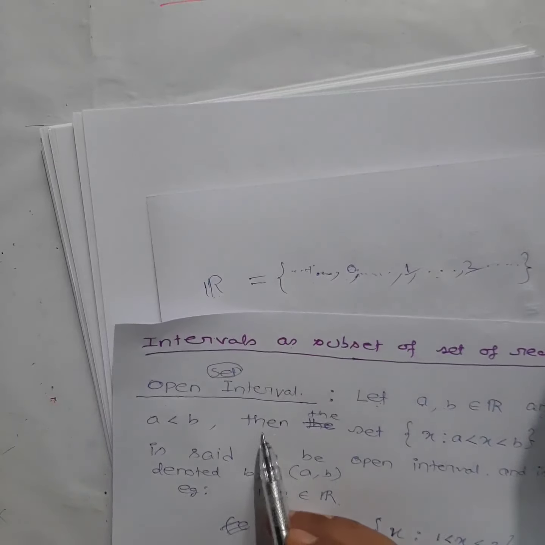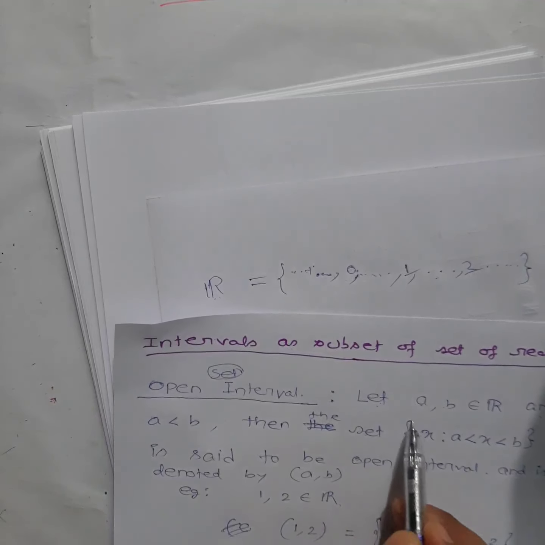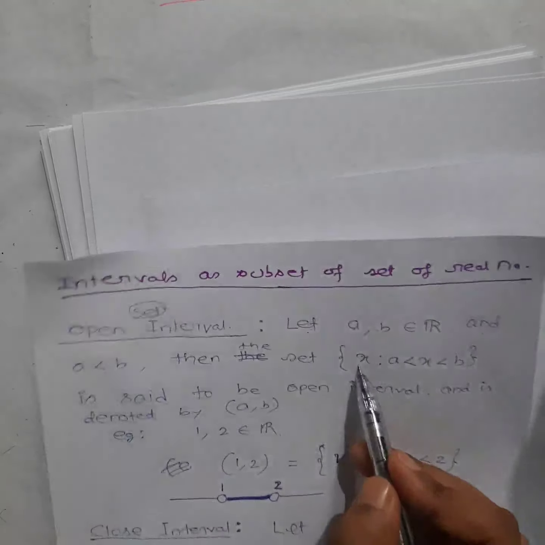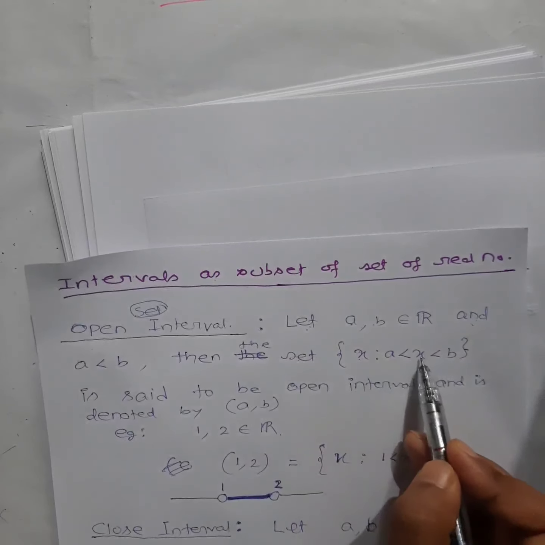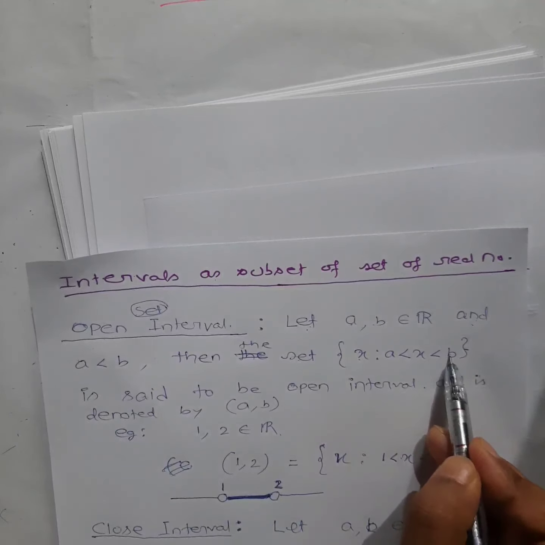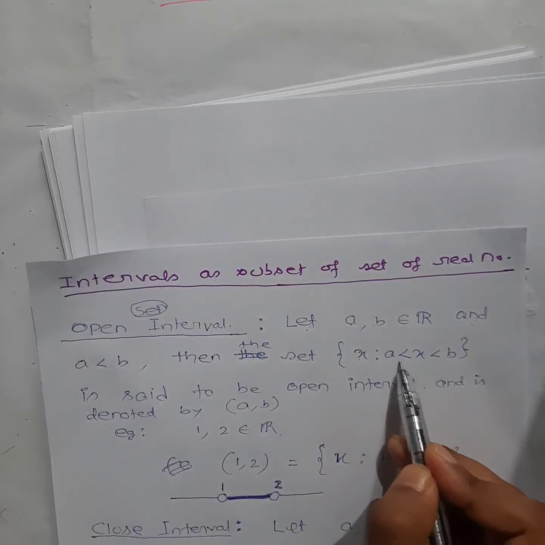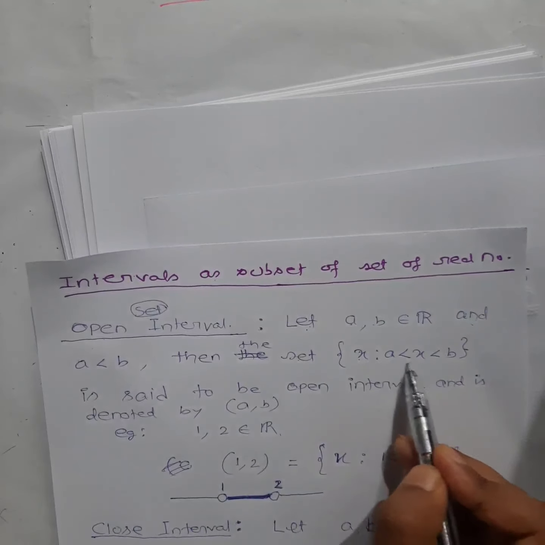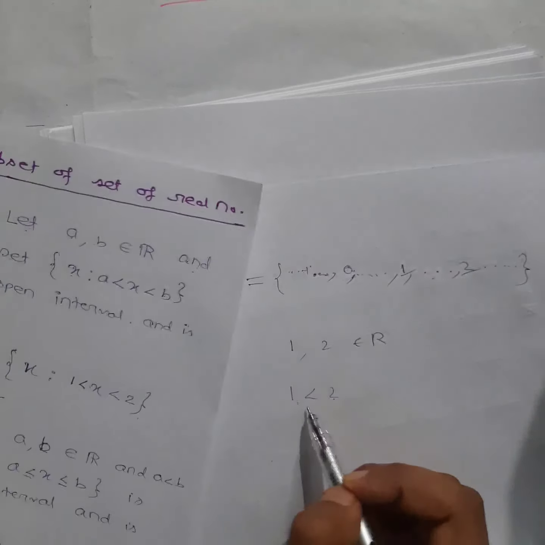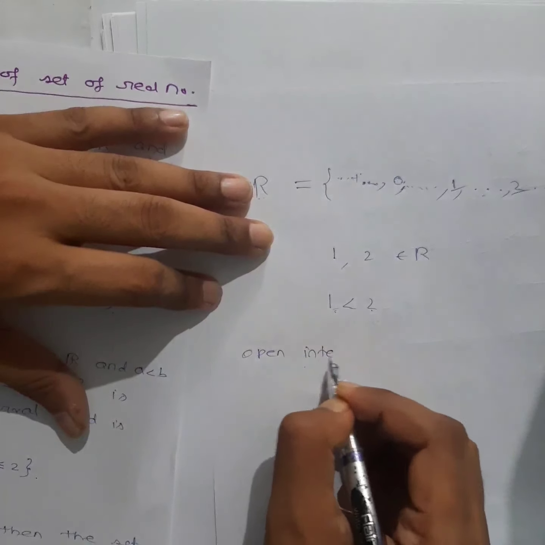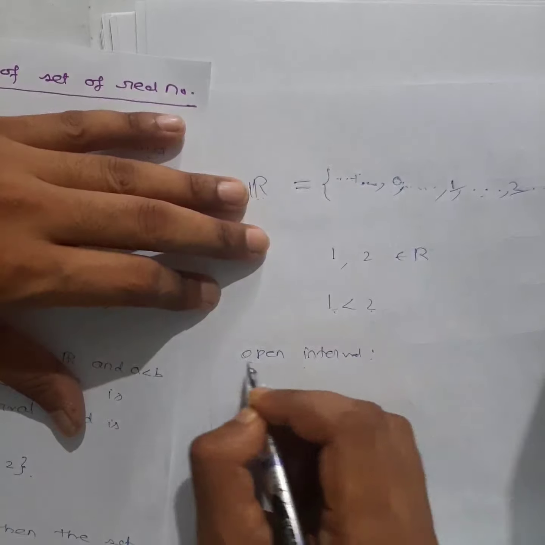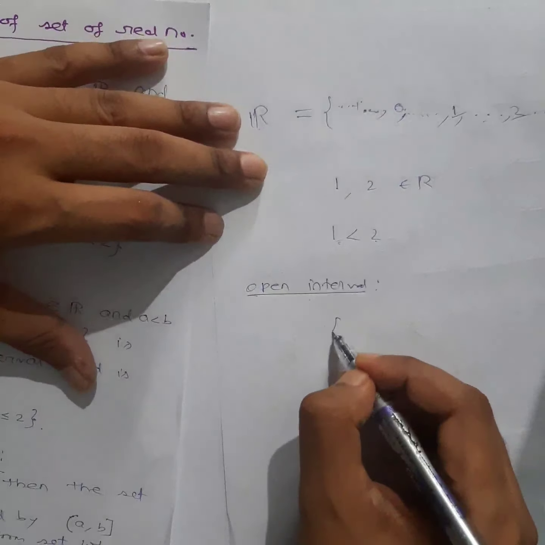Okay, then the set, this one, can you see the set here where the element is x? What is x here? x is less than b, greater than a, not equal. I didn't put the equal sign. Means what? The open interval will be your set. So see carefully, the open interval will be a set.